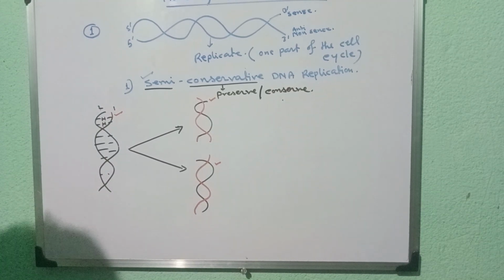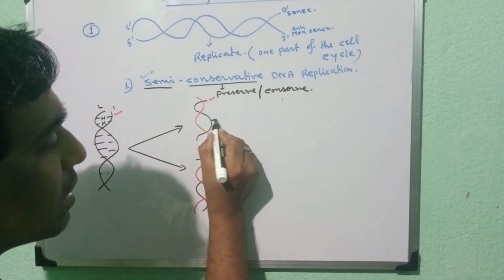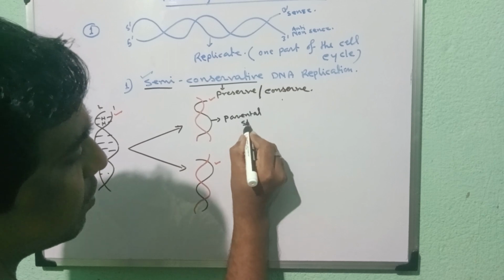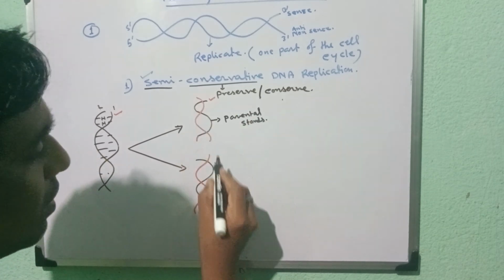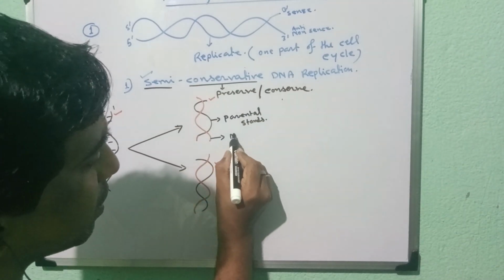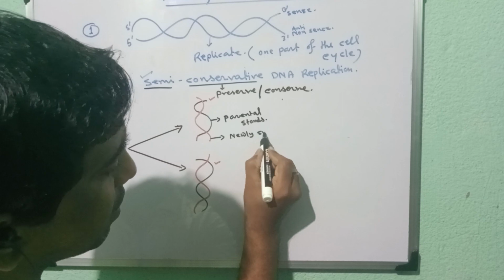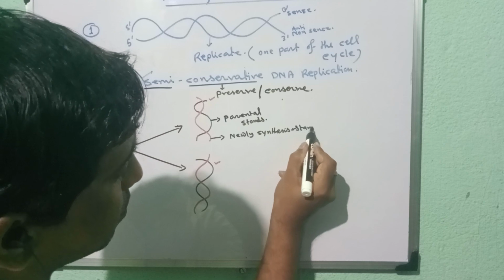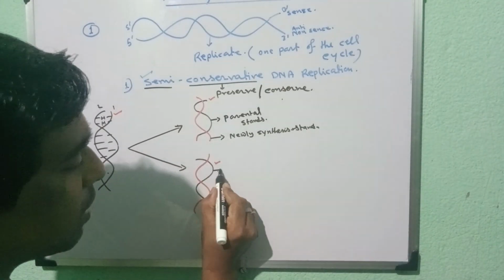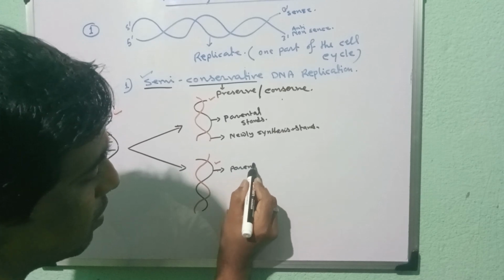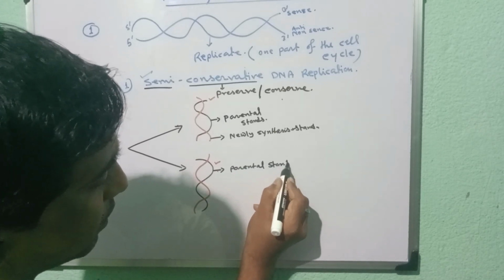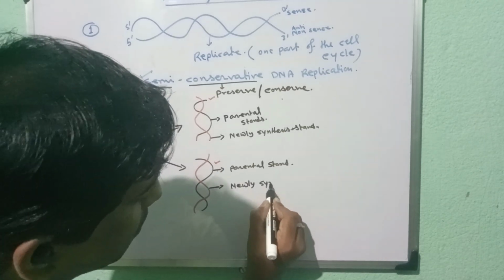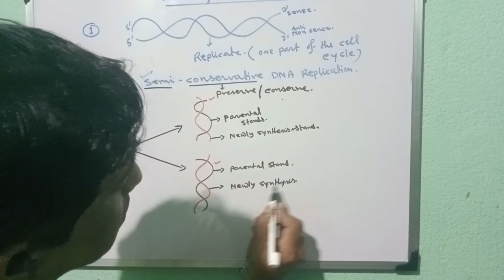The black color strand is called the parental strand, and the red color strand is called the newly synthesized strand.